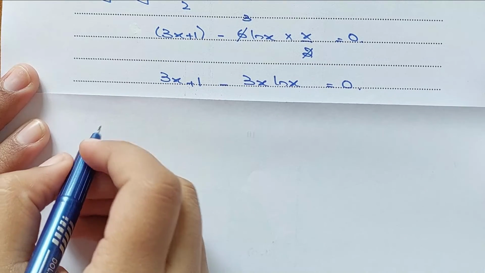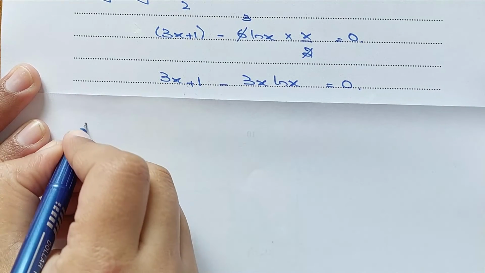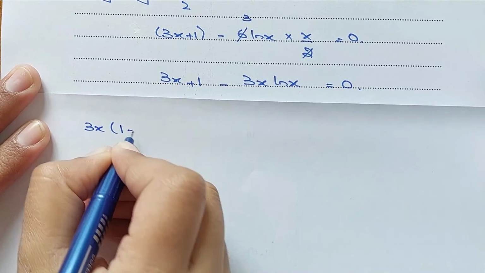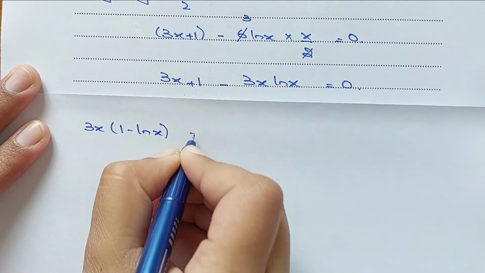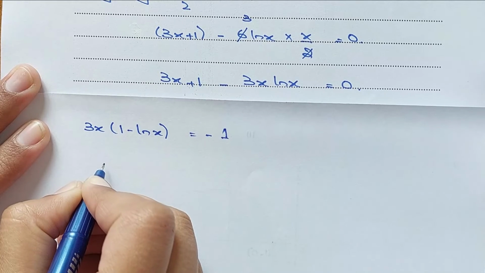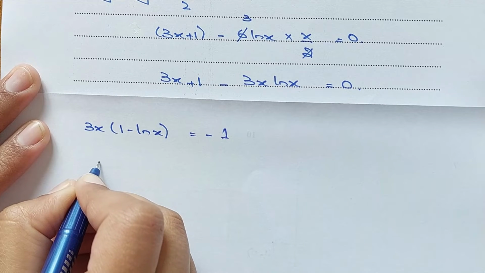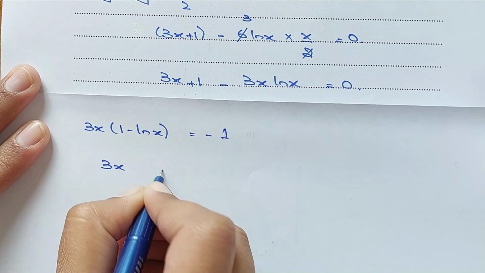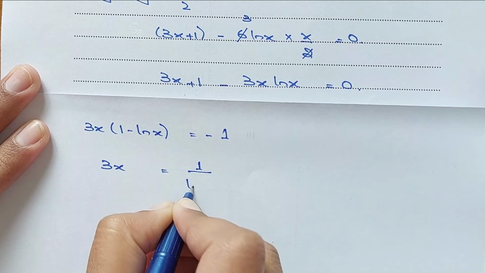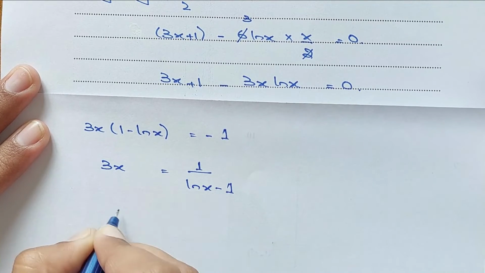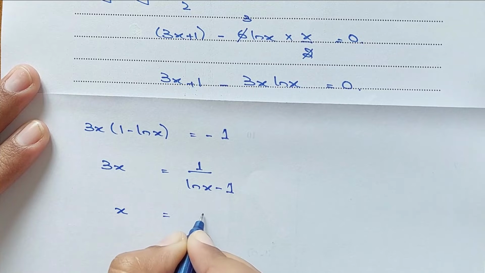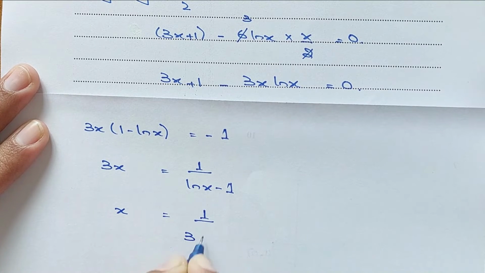Now further simplification, let me take 3x common. We have 1 minus ln x equals negative 1, and we can say 3x equals 1 over (ln x minus 1). And x would be equal to 1 over 3 times (ln x minus 1), right?